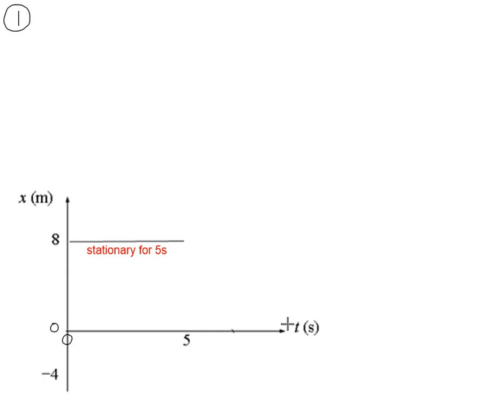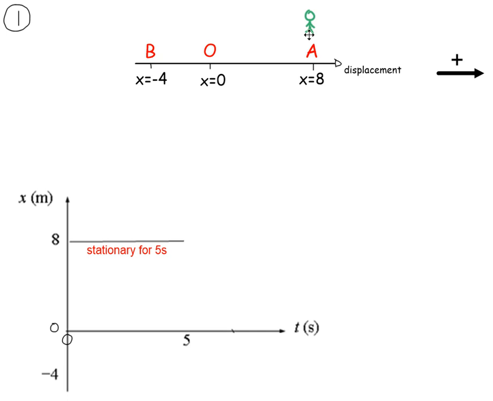This displacement time graph shows an object which is stationary for 5 seconds with a displacement of 8 meters. So on this diagram, this person is stationary at A with a displacement of 8 meters for 5 seconds.